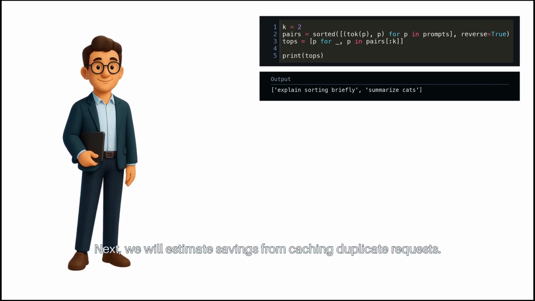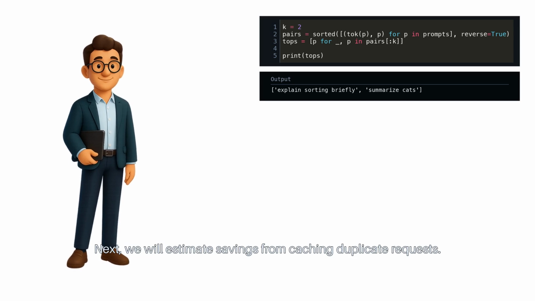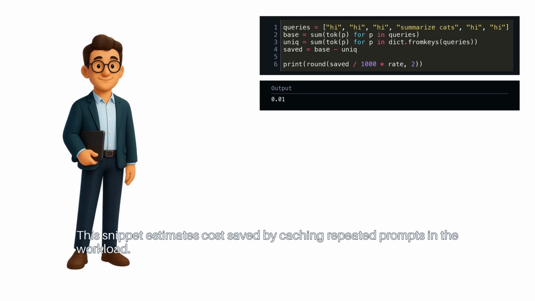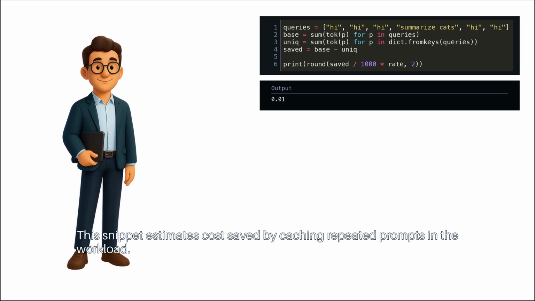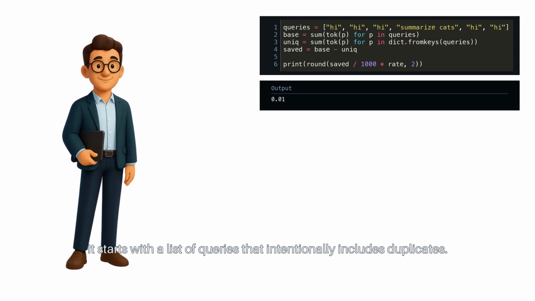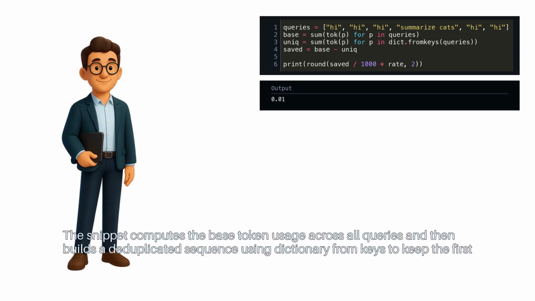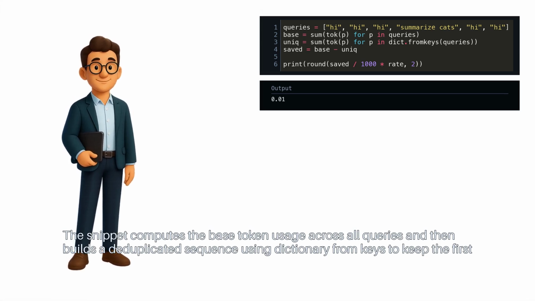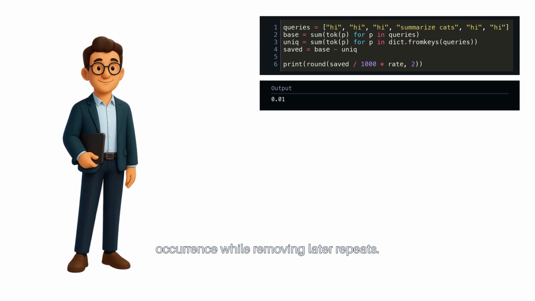Next, we will estimate savings from caching duplicate requests. This snippet estimates costs saved by caching repeated prompts in the workload. It starts with a list of queries that intentionally includes duplicates. The snippet computes the base token usage across all queries and then builds a deduplicated sequence, using dict.fromkeys to keep the first occurrence while removing later repeats.